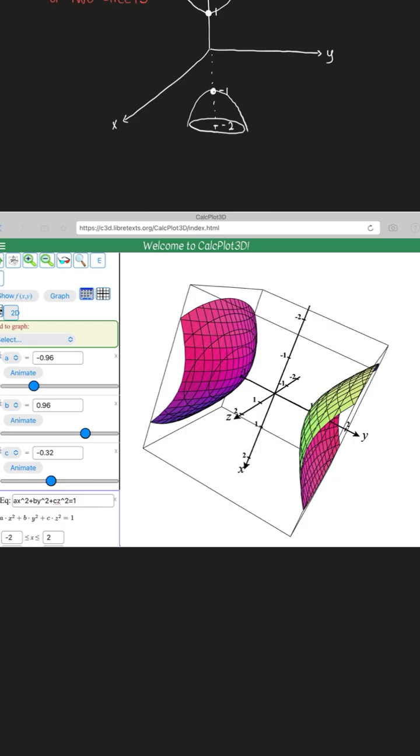So it's important to pay attention, for the hyperboloid of two sheets, to which of the coefficients is positive, because that is the axis along which the hyperboloid of two sheets will run, and we want to find cross-sections or traces along planes that are parallel to the plane created by the two negative parameters.